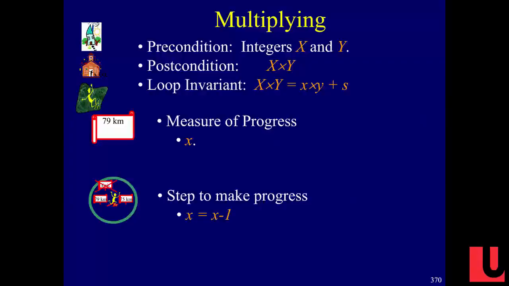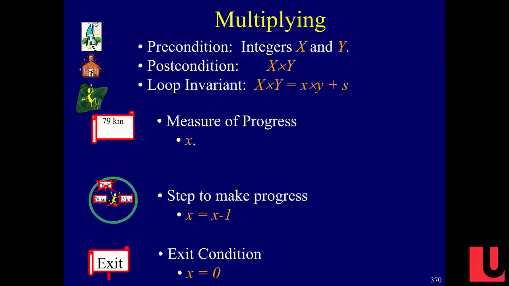Now, what's our measure of progress? Remember, we have to do two things now. We have to maintain the loop invariant while making progress. And my advice was, let's first make progress. Our measure of progress is x, so let's make progress by making x smaller. And what is our exit condition going to be?